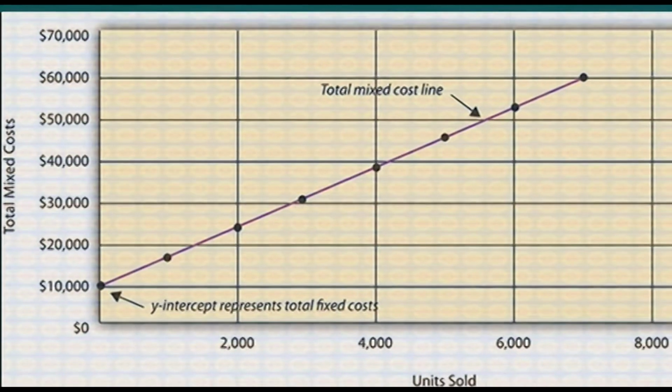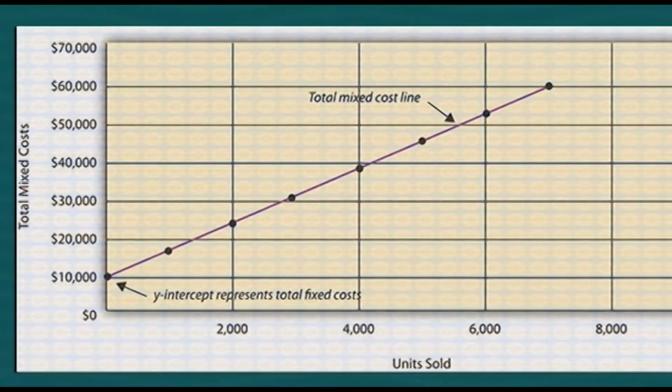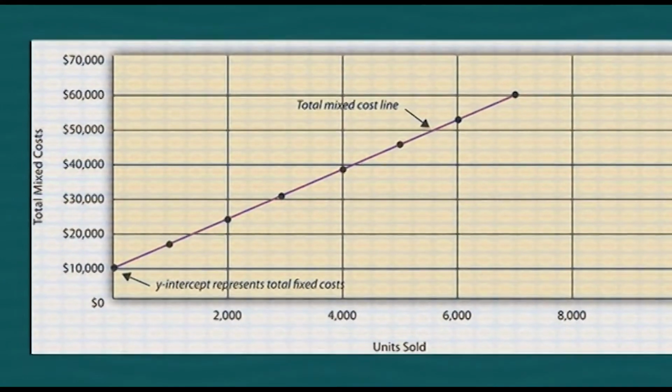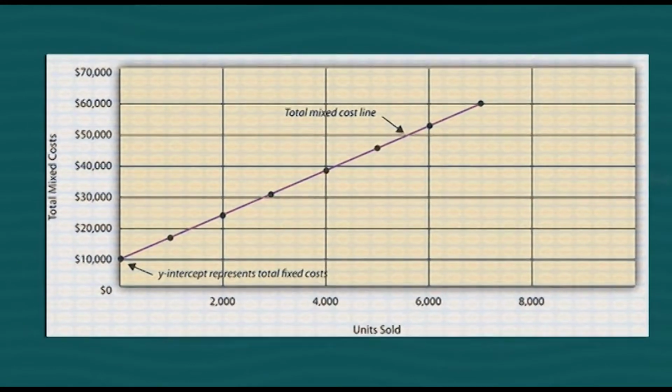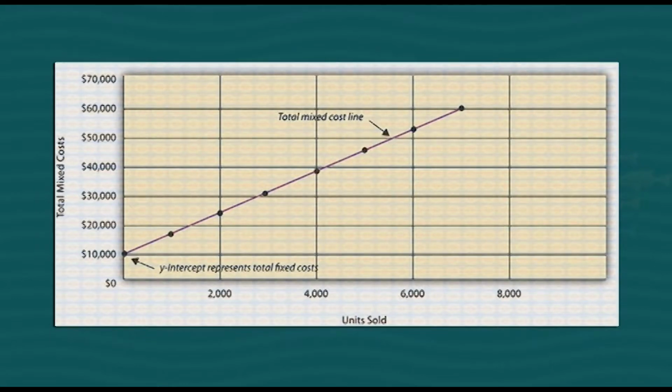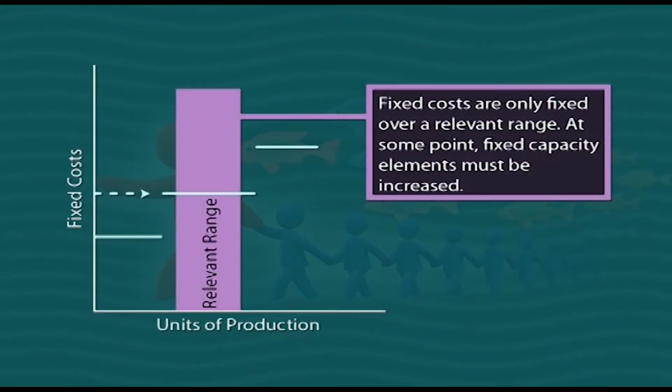Friends, cost behavior refers to the way different types of production cost change when there is a change in the level of production. Cost behavior refers to the sensitivity of cost to change in the production or sales volume. The range of output or sales over which cost behavior patterns remain unchanged is called the relevant range.